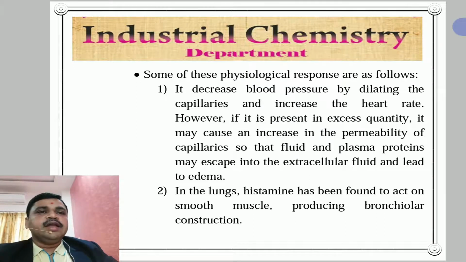Number 1, it decreases blood pressure by dilating the capillaries and increases the heart rate. However, if it is present in excess quantity, it may cause an increase in the permeability of capillaries so that fluid and plasma proteins may escape into the extracellular fluid and lead to edema.